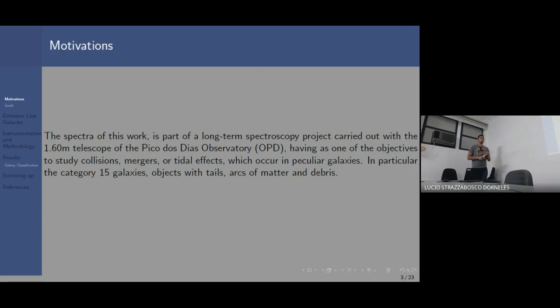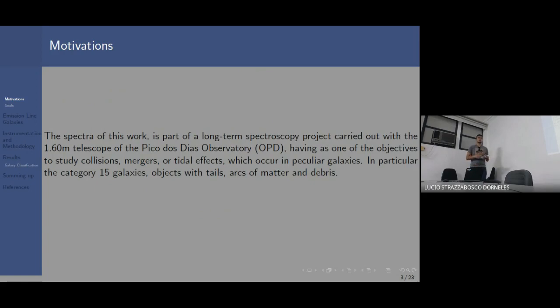The motivation of this work: it was developed at an ESO observatory here in Brazil that hosts the biggest telescope on Brazilian ground, with 1.6 meters of mirror, and was worked to study tidal effects and collisions with peculiar galaxies, particularly of the category 15 and 7.